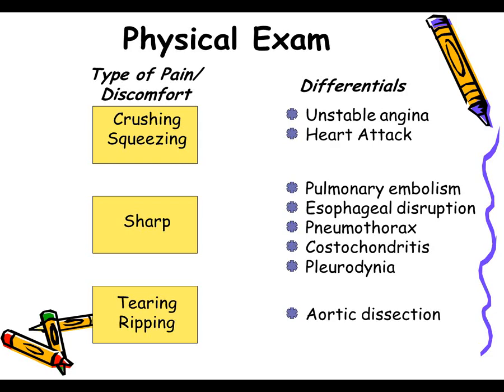Now, we're familiar and talk a lot about AAAs, abdominal aortic aneurysms, and that references the aorta as it runs out of the diaphragm and through your abdominal cavity. But you can also have a thoracic aortic aneurysm, where the aorta inside the chest dissects. And there's a difference between dissect, leak, and rupture.